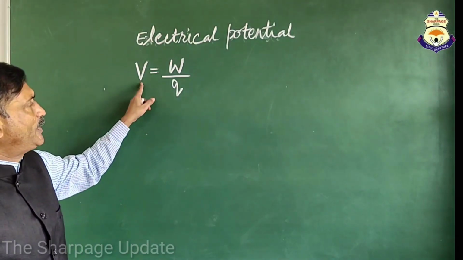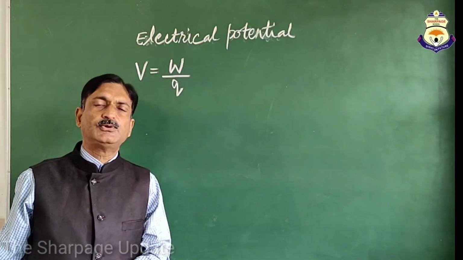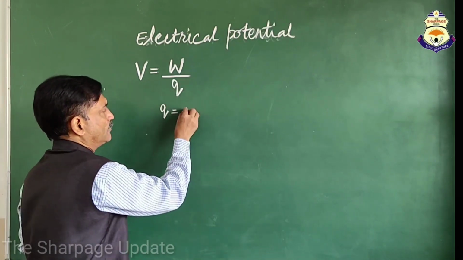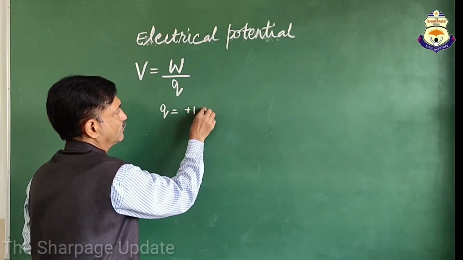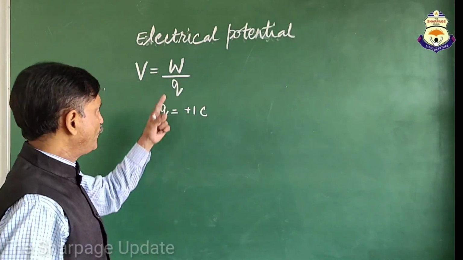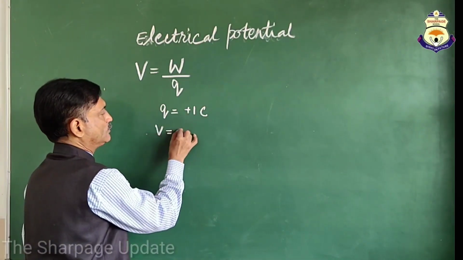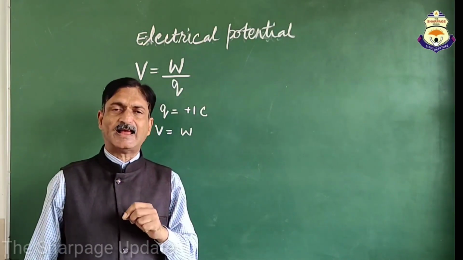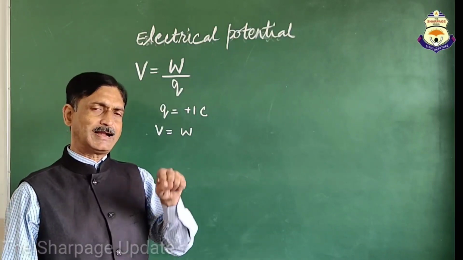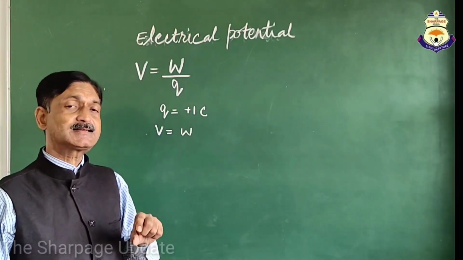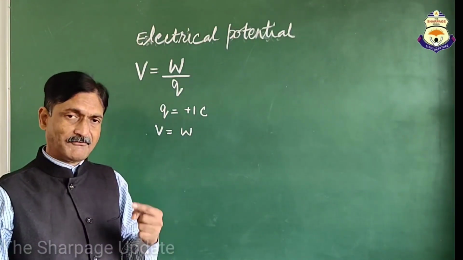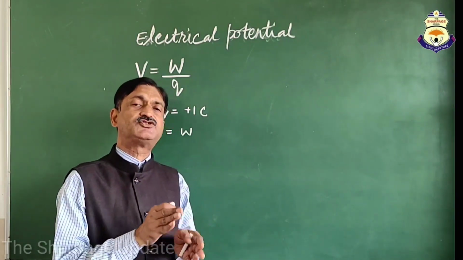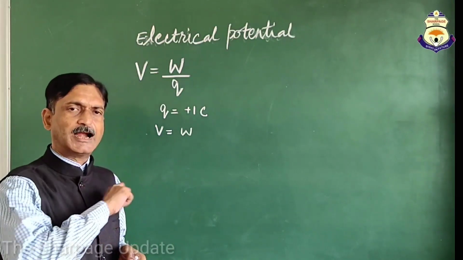So electrical potential V is represented by W upon Q. If we take Q equal to plus 1 coulomb, then we can write V equal to W. In other words, the electrical potential at a point inside an electric field is equal to the numerical value of the work done in bringing a unit positive charge from infinity to that point.